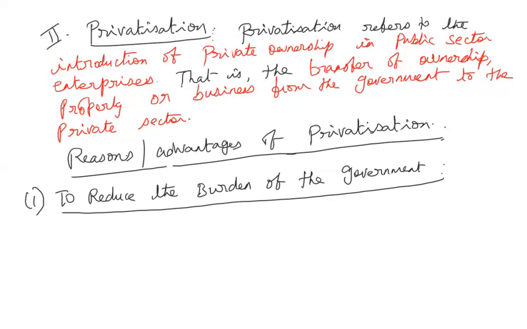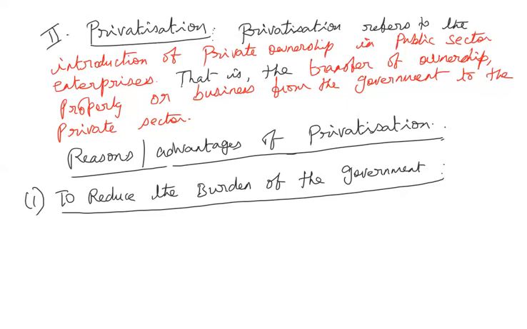But if the project is not completed at the stipulated time, the cost of production will keep on increasing. Most of the projects, especially all those multi-purpose projects and heavy investment projects under the public sector, couldn't be completed on the stipulated time. Because of that, there was a huge rise in the cost of production for the public sector enterprises, which is increasing the burden on the exchequer of the government.